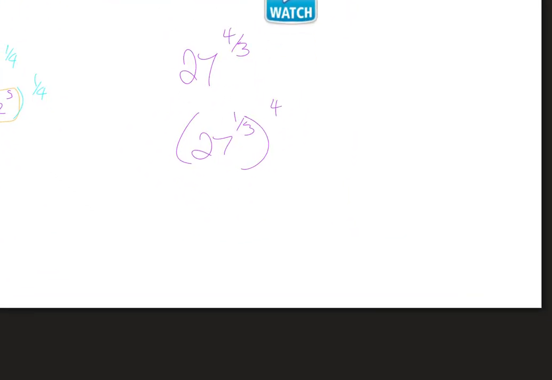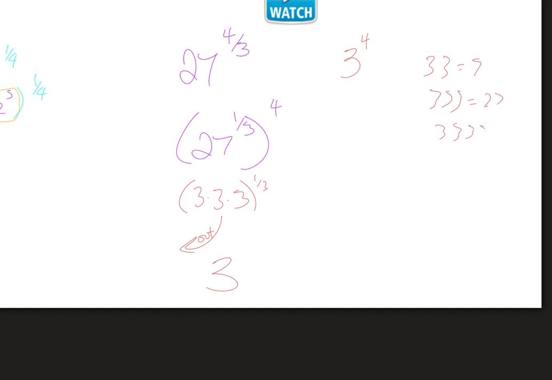If you're wondering why, it's because 3 times 3 times 3, if you take the cube root of that, is 3. 3 would go out. So it would be 3 to the 4th power, okay? And that is 3 times 3 is 9, times another 3 is 27, times another 3 is 81. So the answer to this is 81.